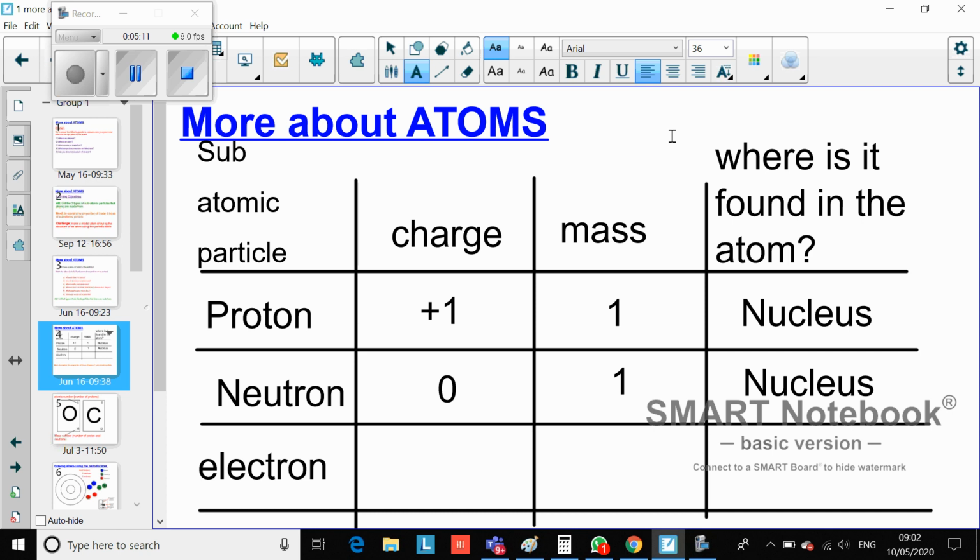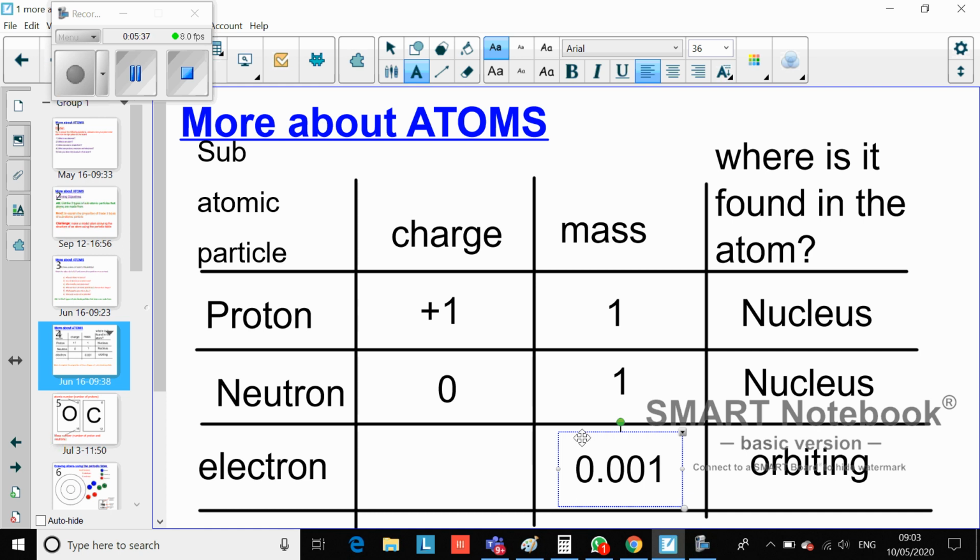The electron is found circling the outside of the atom. So we'll say orbiting the outer part of the atom. Its mass is basically 1,800 times smaller than this. So it'd be 0.00... I think it's 0.1.